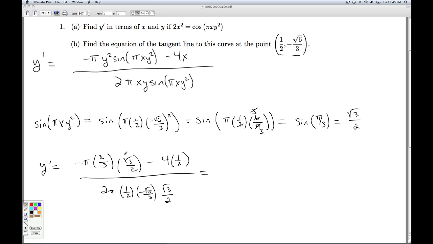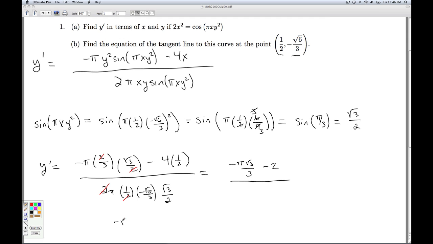So let's start simplifying here. We've got the 2's cancel out. I get negative pi radical 3 over 3 minus 2, divided by, actually, we're going to get a 3 to cancel out because this is going to be a negative square root 18, which is negative 3 radical 2.